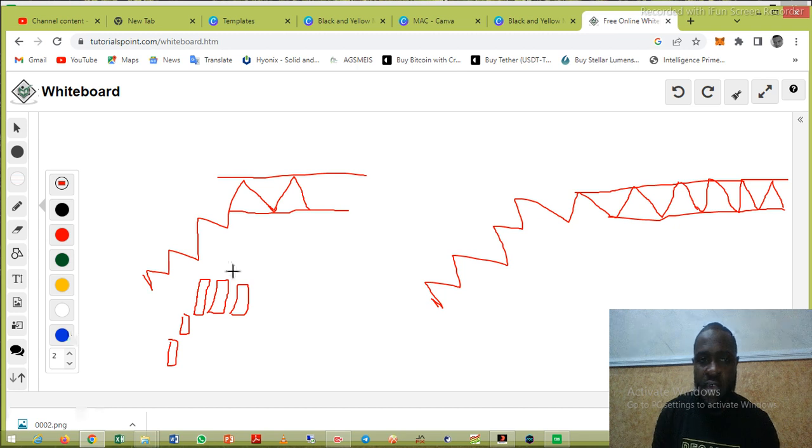If the market is going up, the moving average, depending on the time frame you're using, is going to be far away.